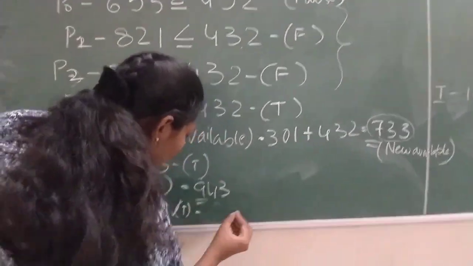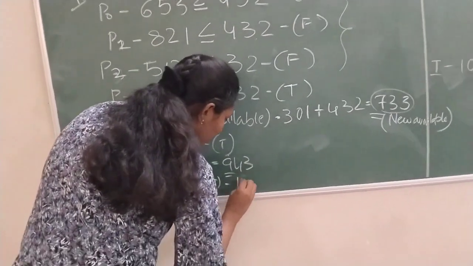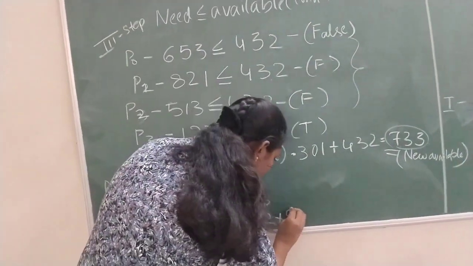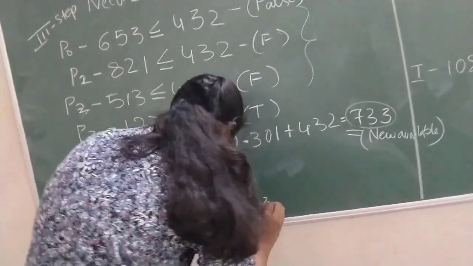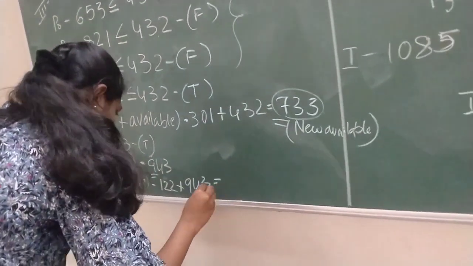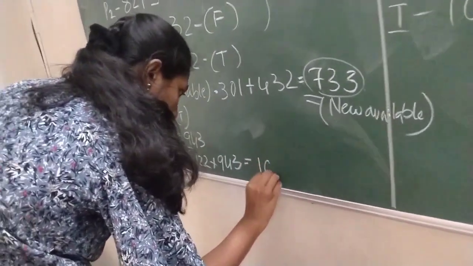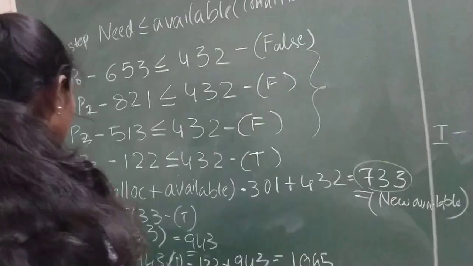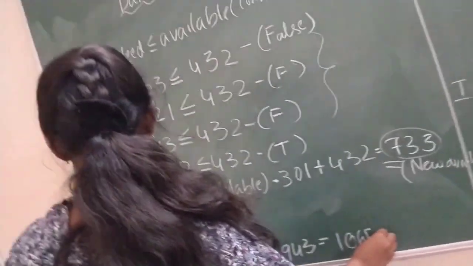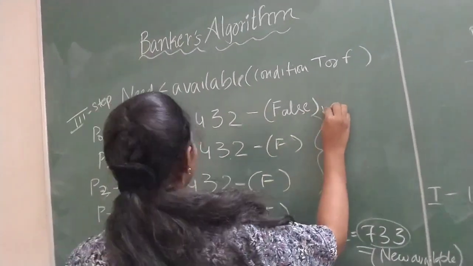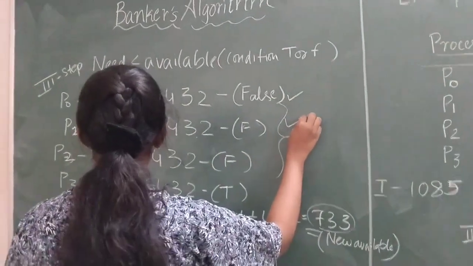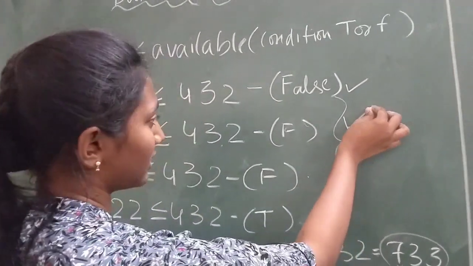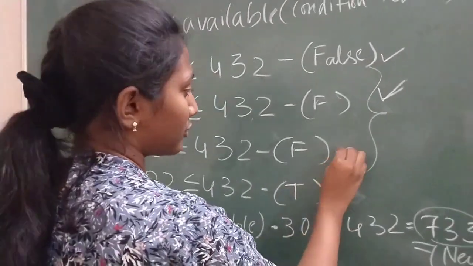Hence we add 122 plus 943. So we get the answer 1065. Now we have to compare. P0 is completed, P1 is completed. So we have completed P0, P1 and P3, and P2 is not completed.